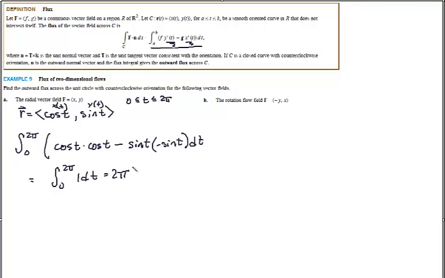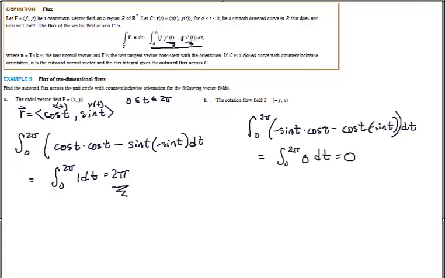Nice. Alright, because the radial vector field points outward and is aligned with the unit vectors, we have an outward flux that is positive. Next, we're just going to do this with a different F. I'll go ahead and write all this down.